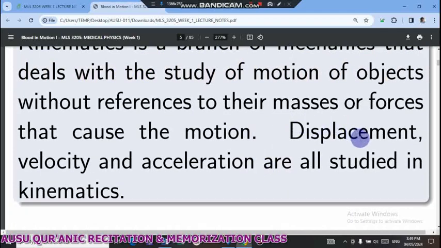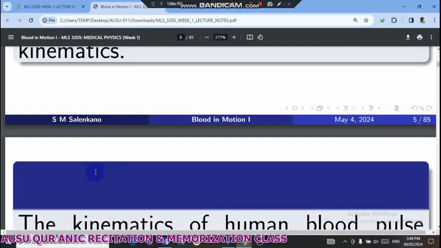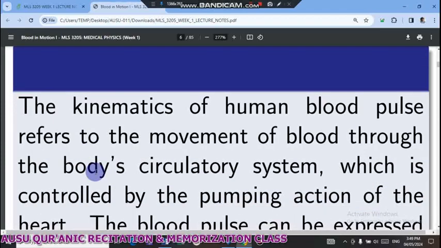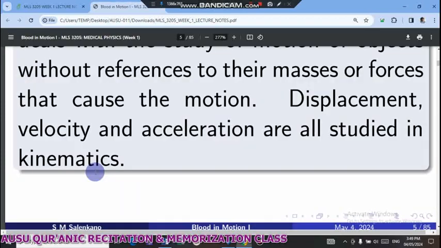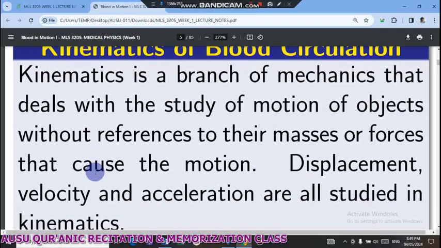So here they said displacement, velocity and acceleration are all studied in kinematics. That is in general. This is not just peculiar to blood. This is an introduction that affects all matter in the universe, any object, not just blood alone.